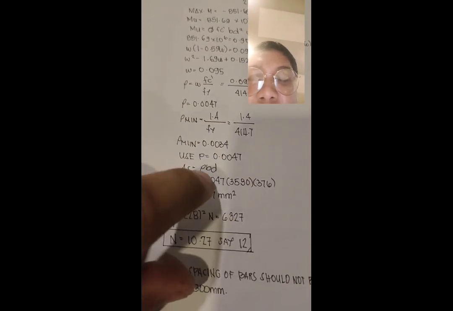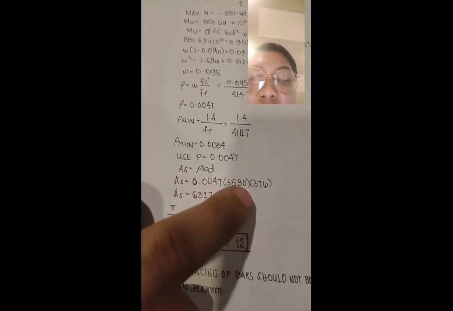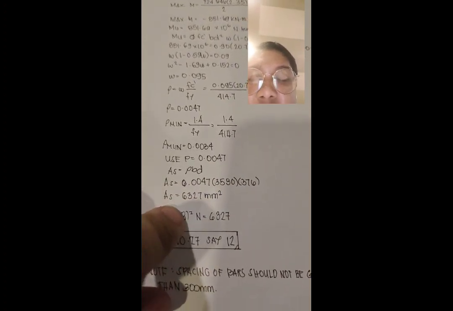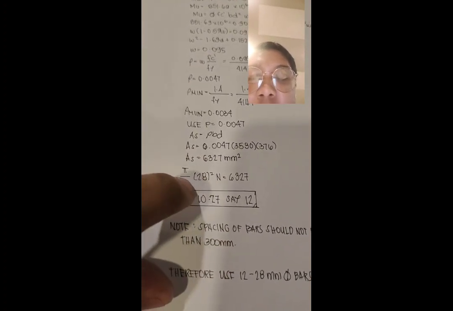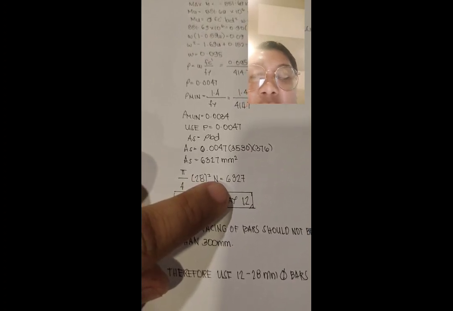So, ang area ng steel natin is PBD, is equals to P na 0.0047 times B natin ulit na 3590 times D na 376. Ang area ng steel natin is 6327 mm squared. So, pi over 4, we have 28 squared N is equals to 6327.